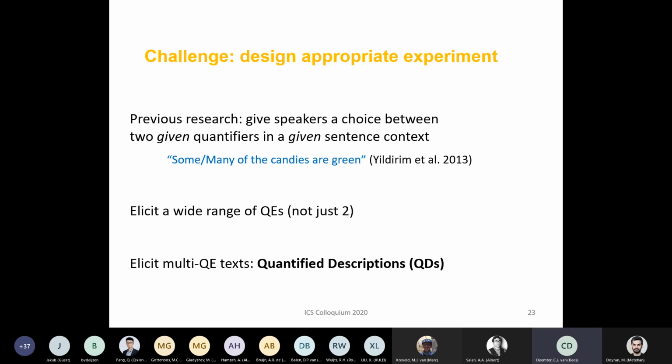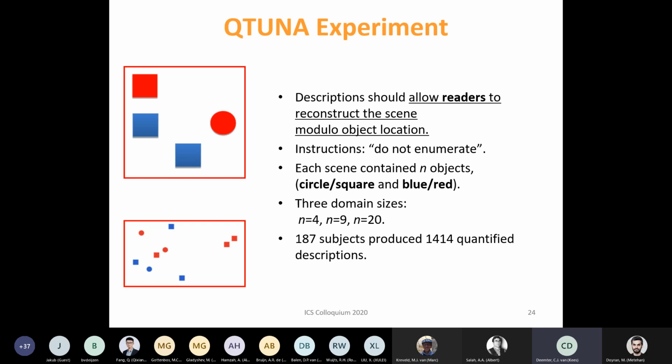What's more, we wanted to know how quantifiers might be used to perform a real task, if you want to get something done. So we coined the term quantified descriptions, which is really like a set of quantified expressions, so possibly more than one. Here you see two very simple scenes.